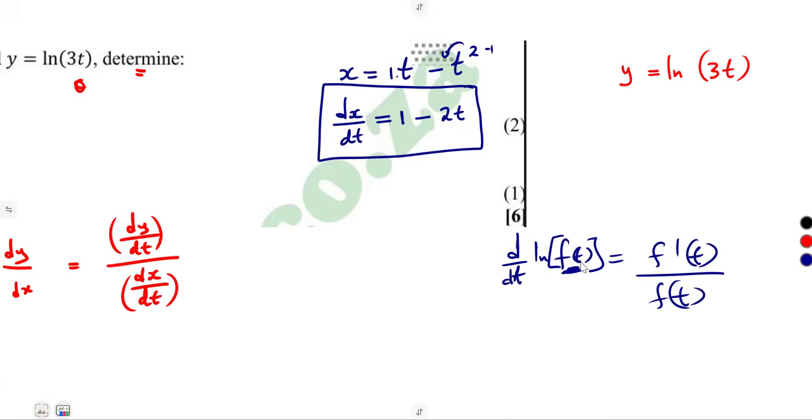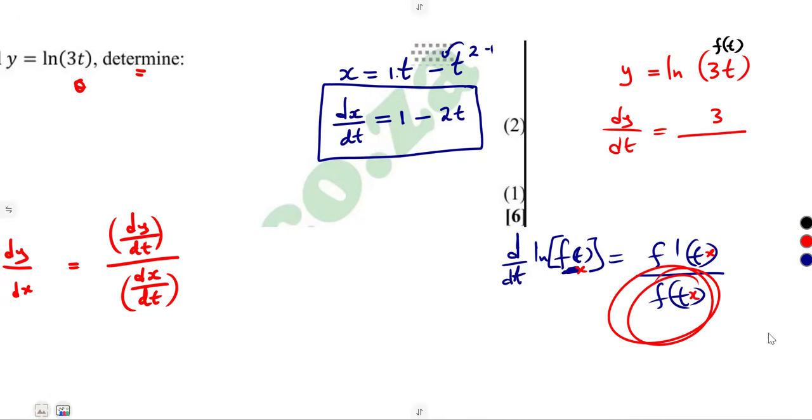So the derivative of this f of t, a linear function, is going to give us 3 over f of t, the function as it is, which is 3t. So that is going to give us 1 over t.